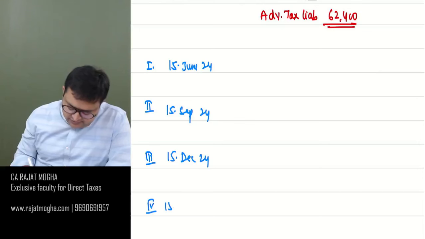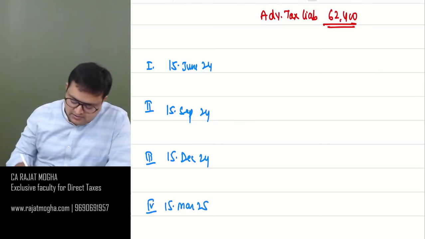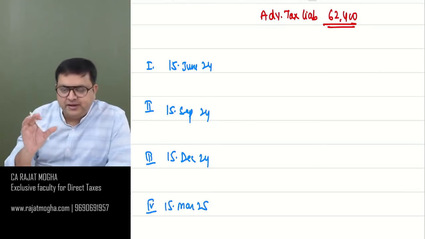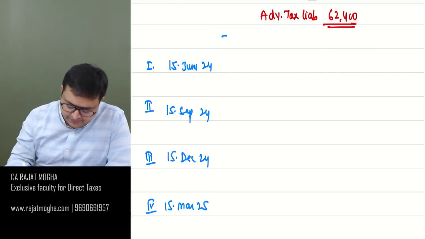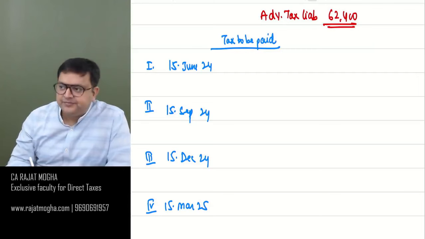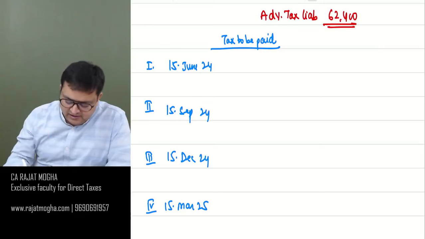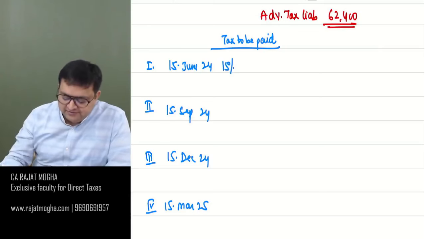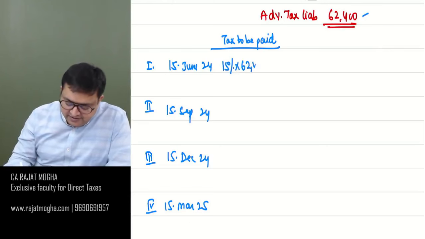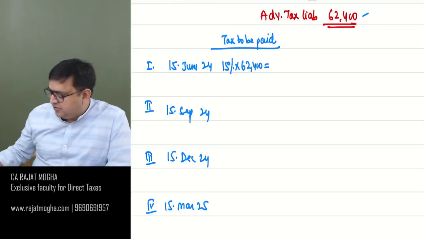And the fourth, 15th March 25. How much will the assessing officer ask from her? Here he will ask 15% of the advance tax liability. So how much is it?